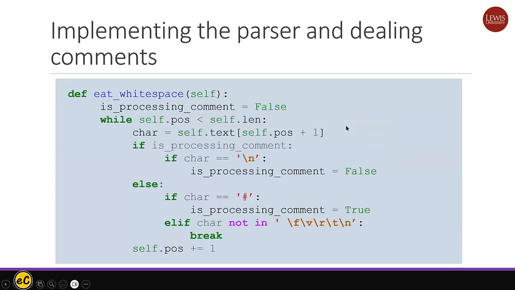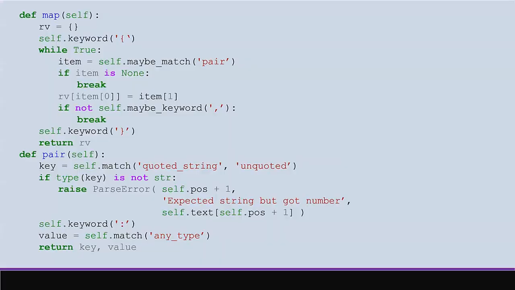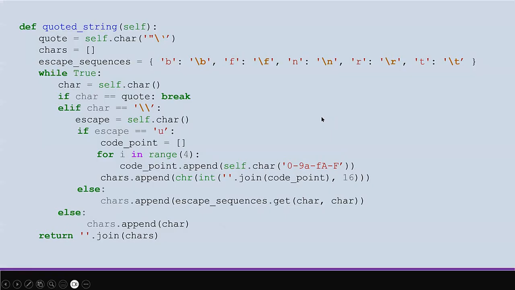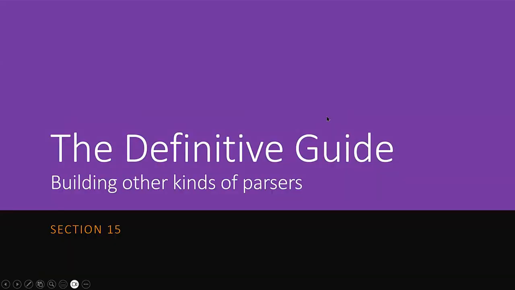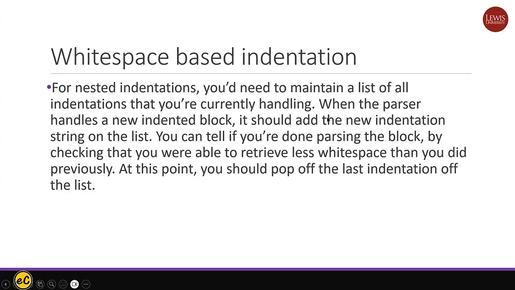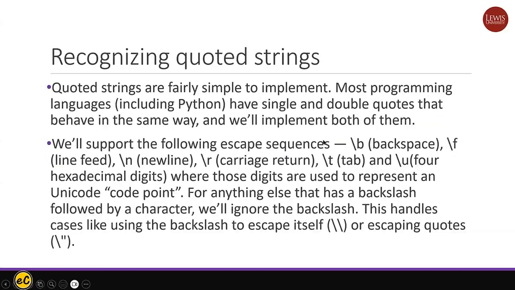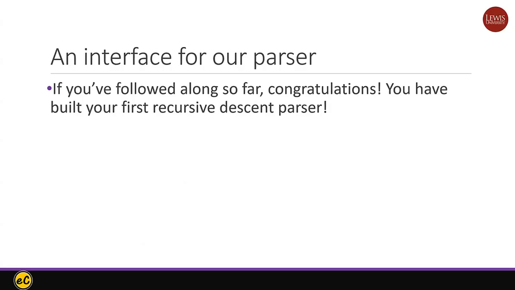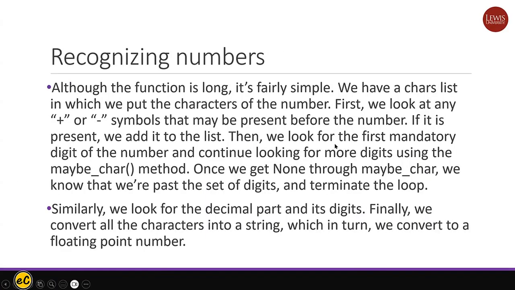Another example for JSON grammar. Anyway, here we present three different parsers in Python format for your reference. So this chapter basically goes through the building of a parser and also gives you some examples.